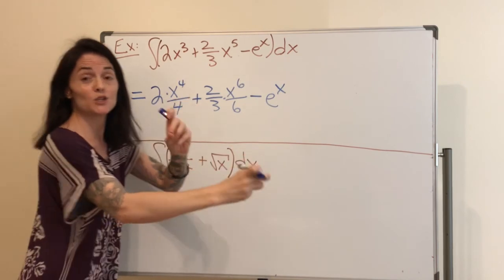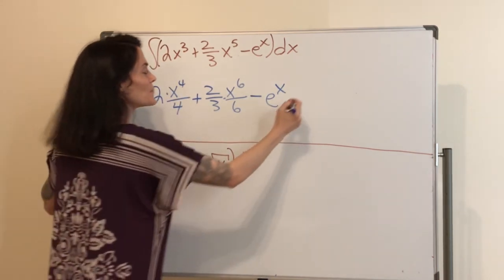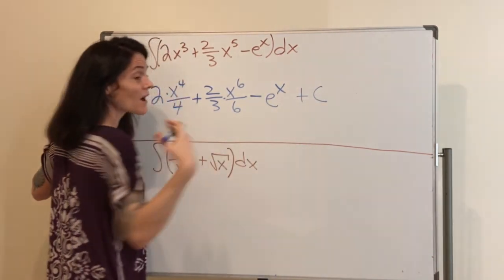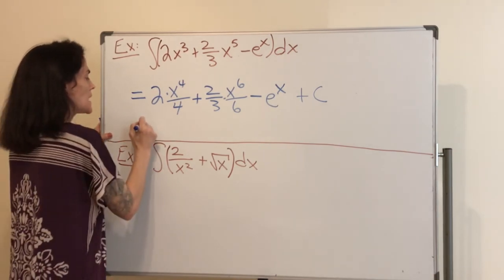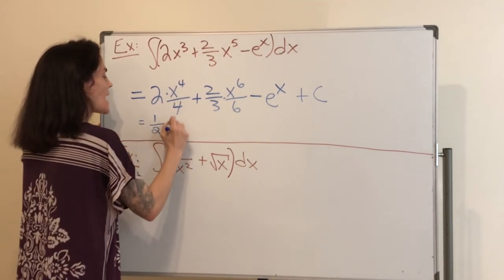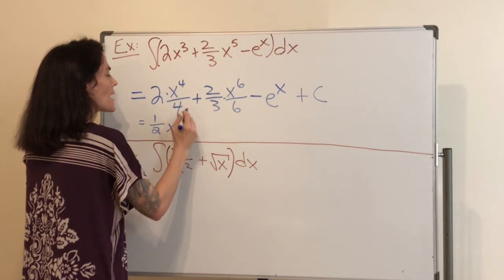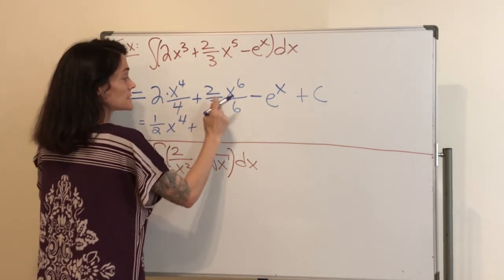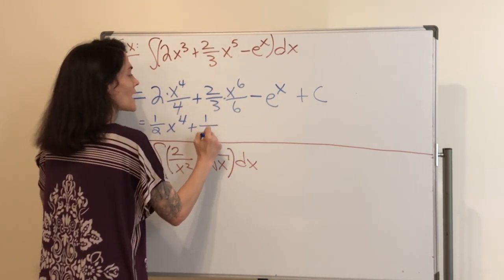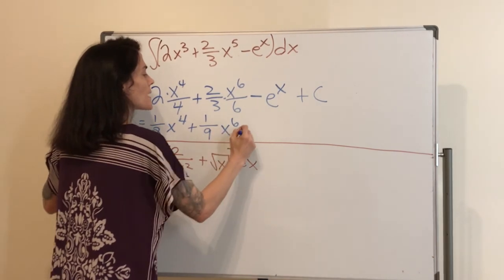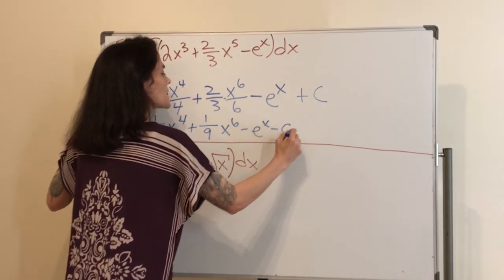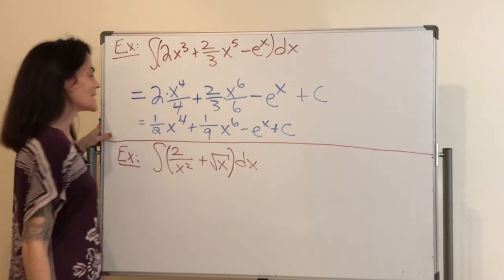So I integrated term by term, and then at the very end we put one big plus c to get all antiderivatives. And if you want, you can write this as 1/2 x to the 4th power plus, let's see, this would be 1 over 9 x to the 6th power minus e to the x plus c.